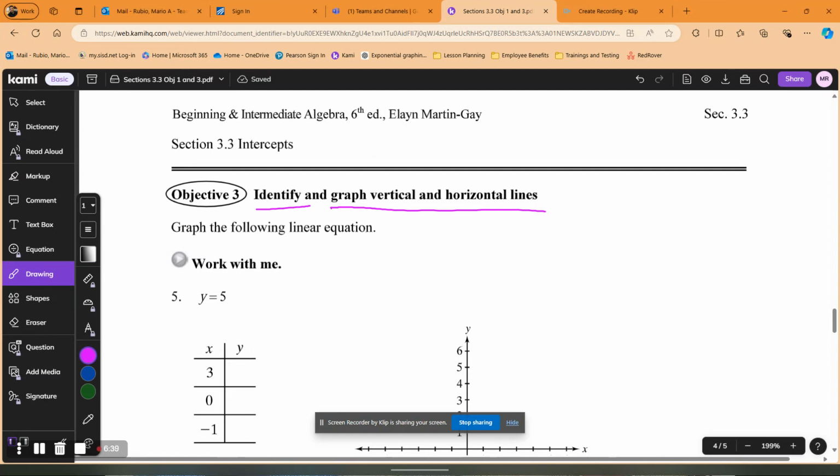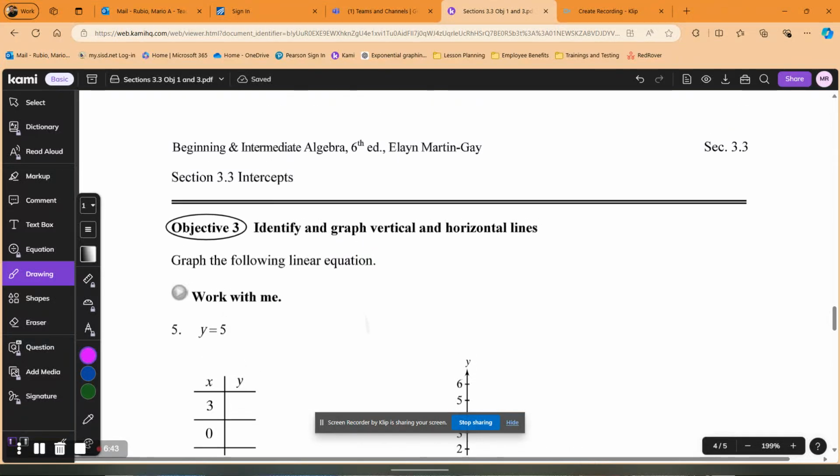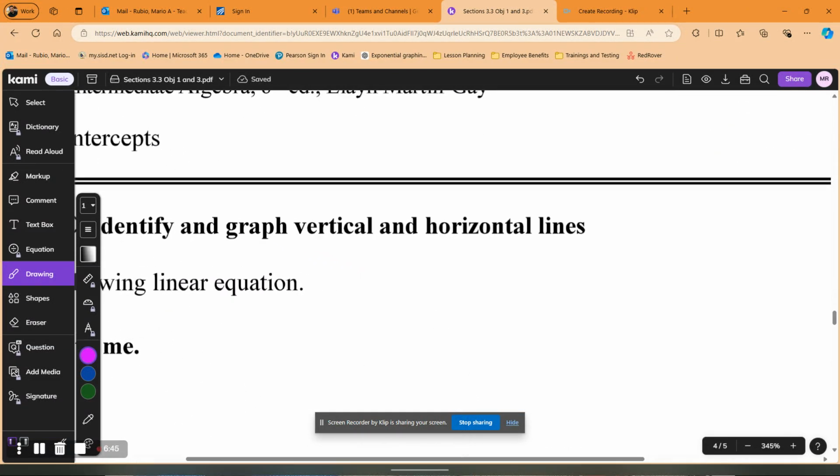Vertical is up and down. The way I remember is because the V reminds me of an arrow that points down. And horizontal, I think of like the horizon, looking straight across the horizon, so that goes left and right.